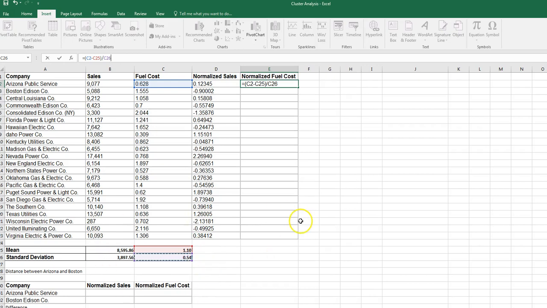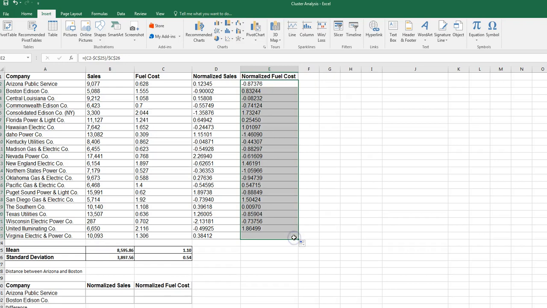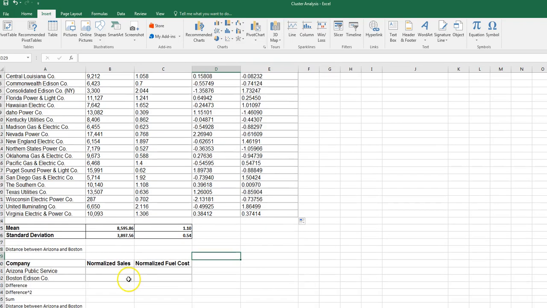It's the same Excel sheet that I'm working on, except that you would have the blank cells here, which I'm filling right now. So when you work with me on the Excel sheet, you can see how you could apply those formulas yourself. So I can drag this down. Now I have the values for the normalized sales and the normalized fuel cost.